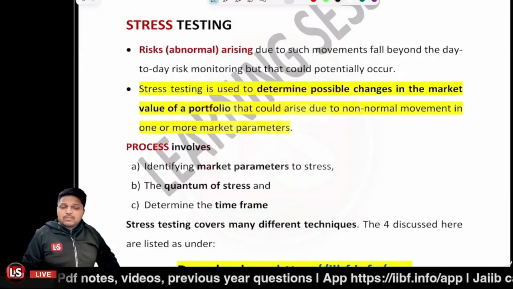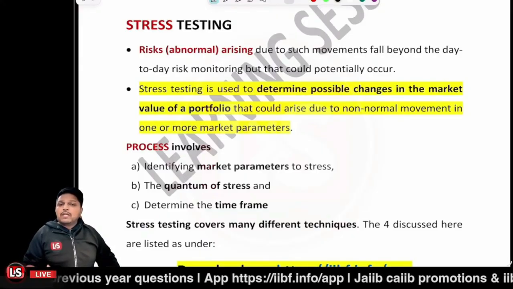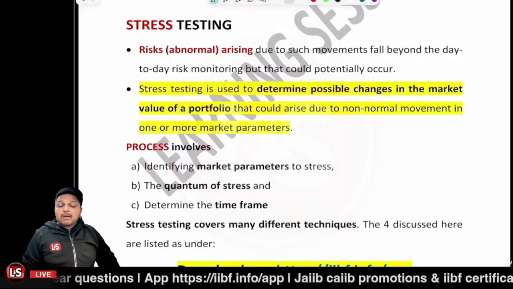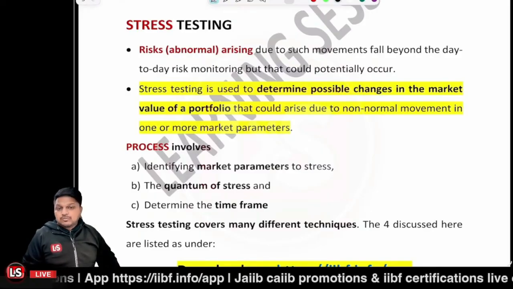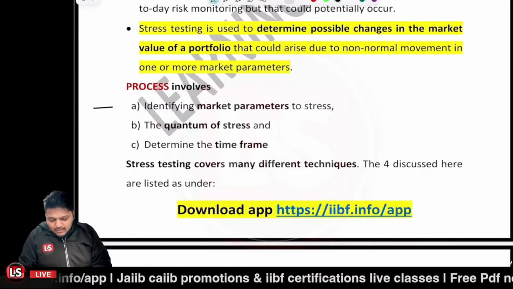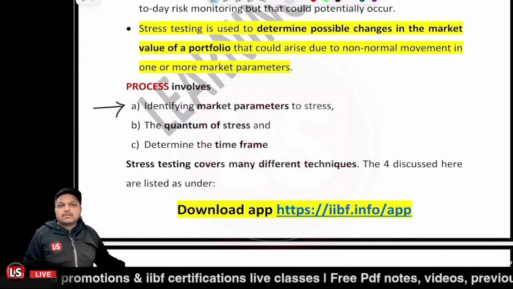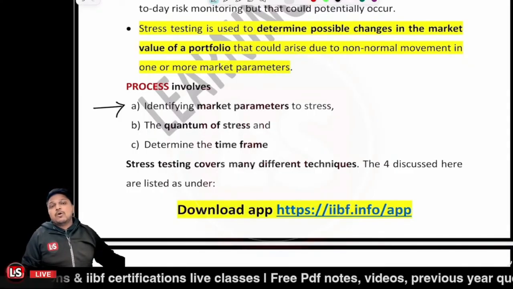Let's say there is a war or a war zone, or COVID or anything, we want to look into the stress of abnormal scenarios. The process involves that we first need to identify the stress-posing parameters, which may cause stress beyond the normal.